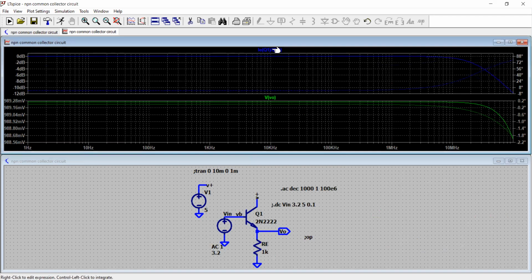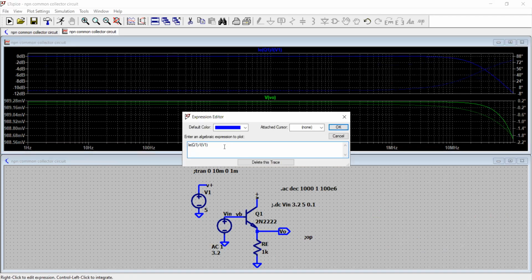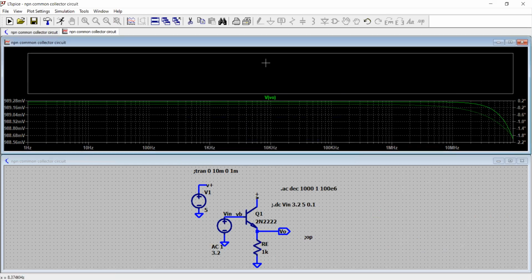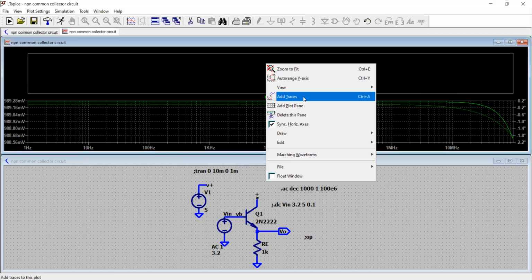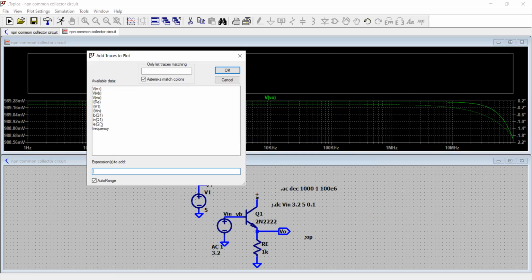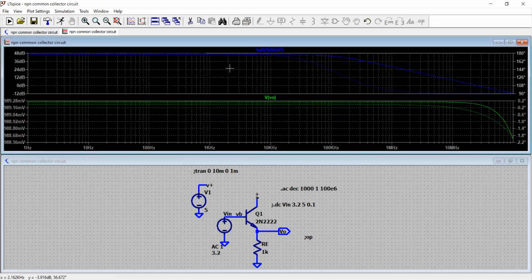So maybe let me just do here. For example, I delete this and add trace, and then the output current is here divided by, if we simulate the base current, maybe.